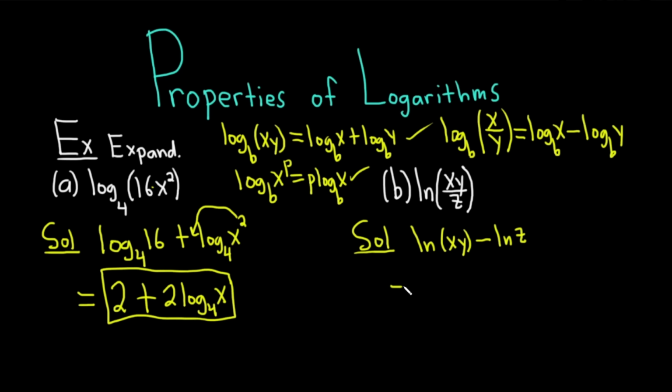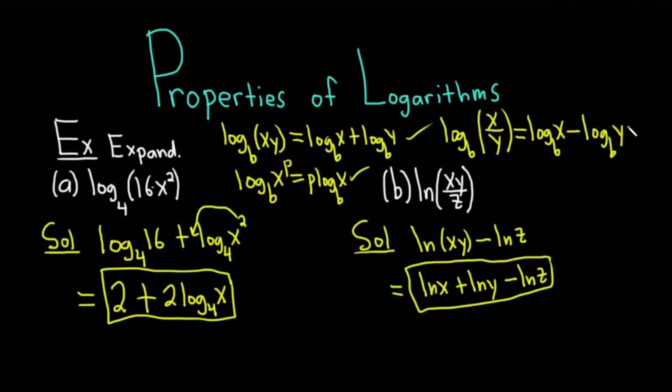And then we can use another rule. We have ln of x times y. That's the product rule again. This becomes ln x plus ln y minus ln z. And this would be the fully expanded form of the natural log of xy over z.